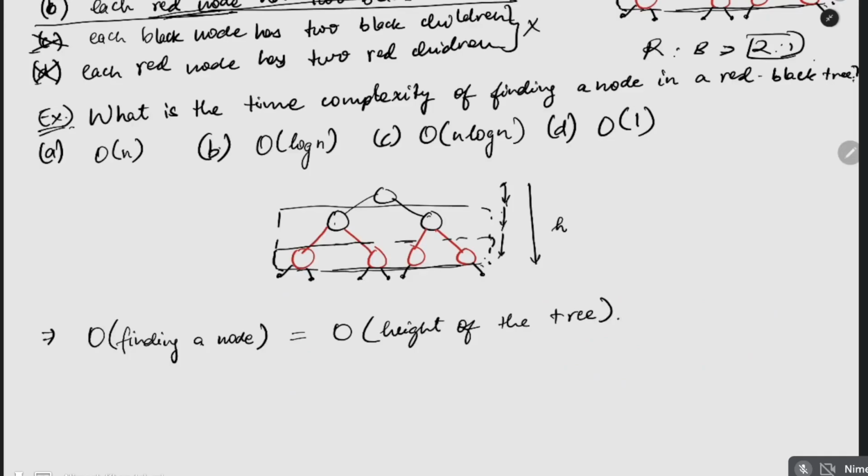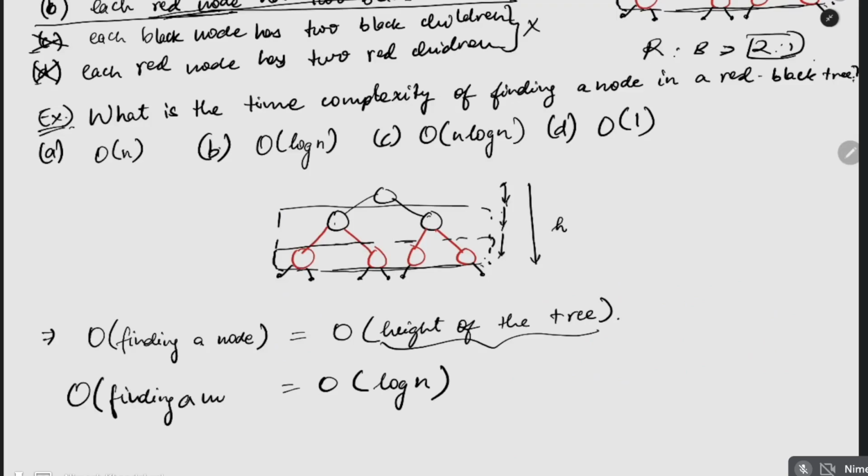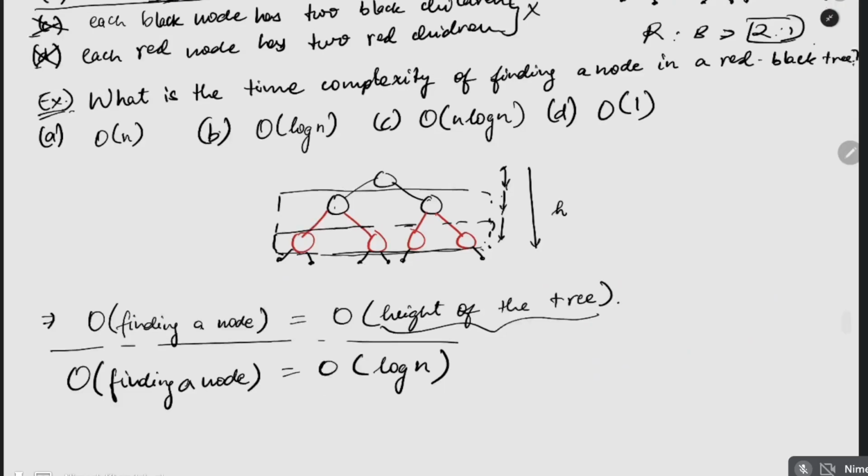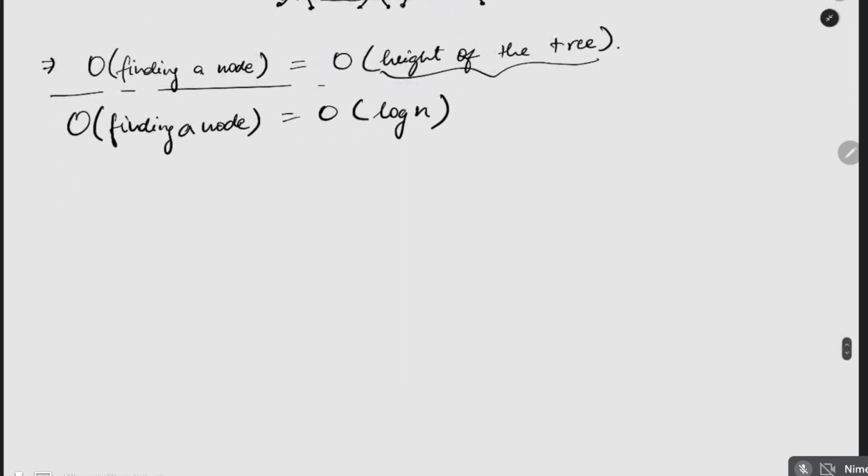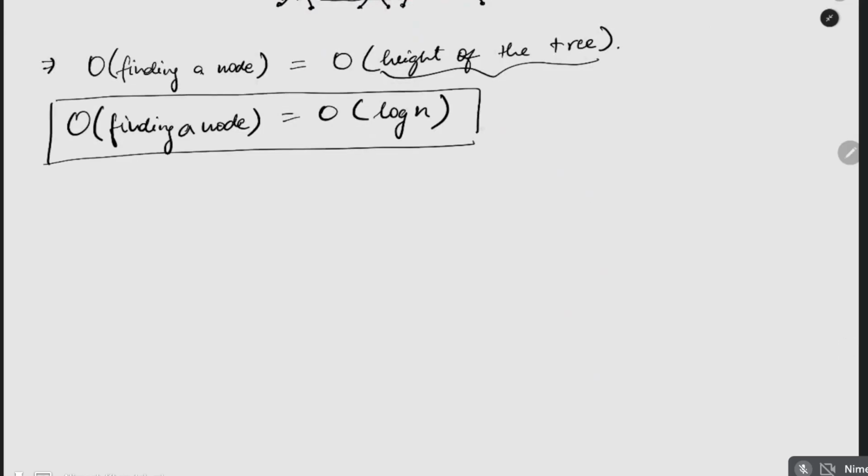And what is the order of the height of the tree? That is log n. So the order of finding a node is also log n, the same order as the height of the tree.